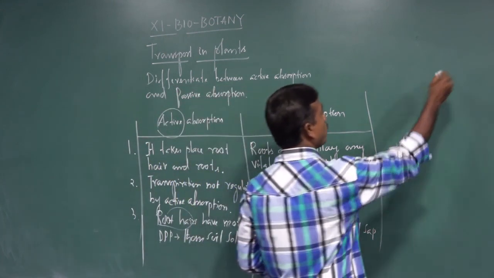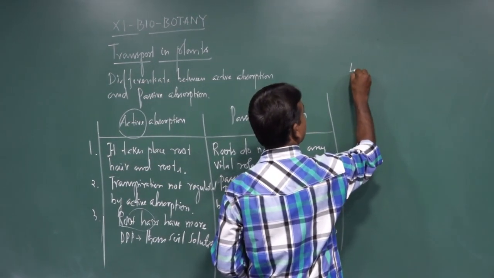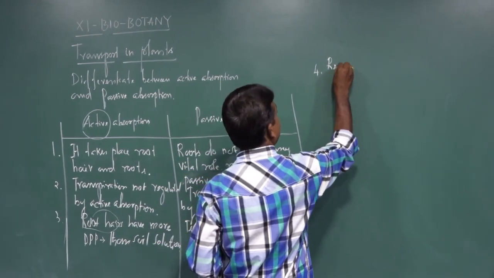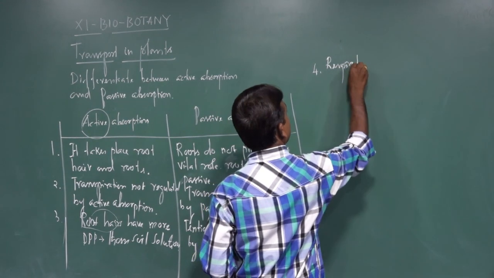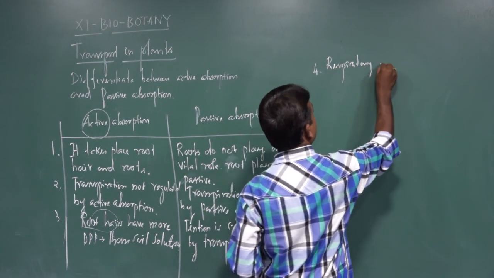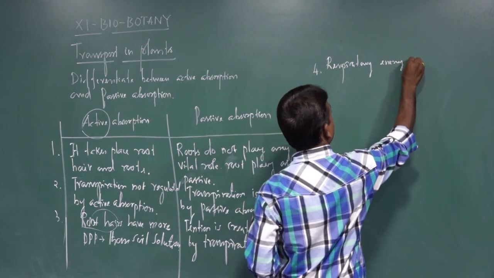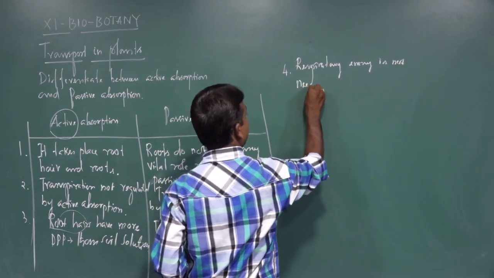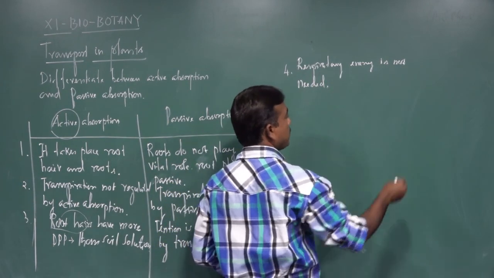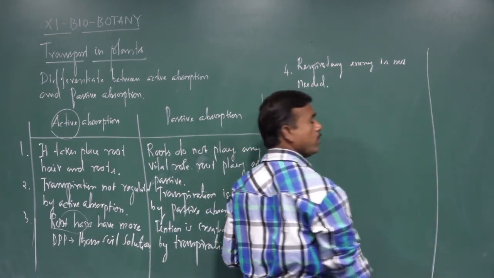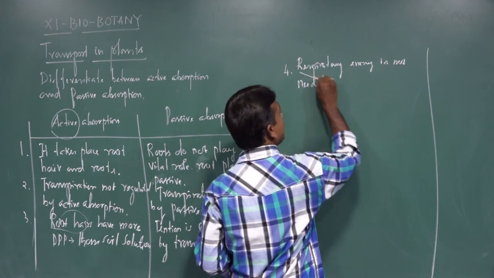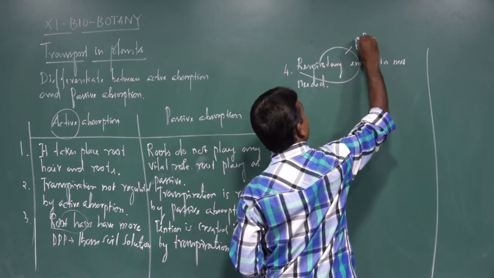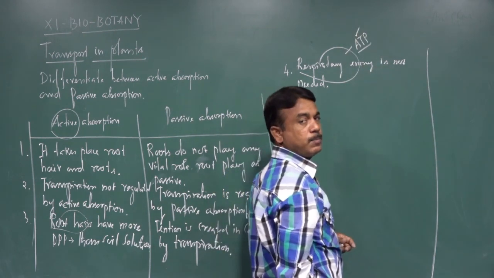Can I go to the fourth one? Respiratory energy is not needed in passive absorption. The respiratory energy utilized is ATP. ATP means adenosine triphosphate.